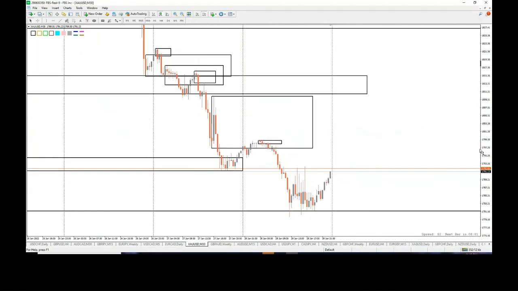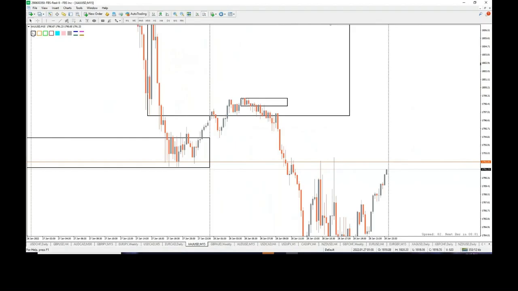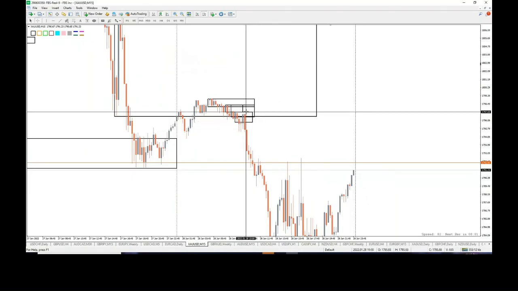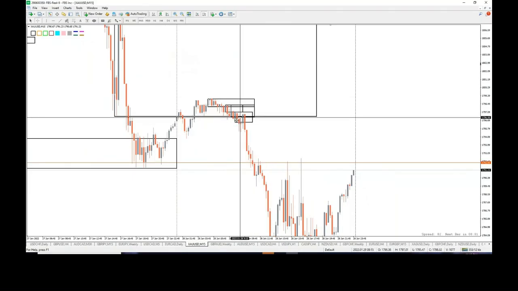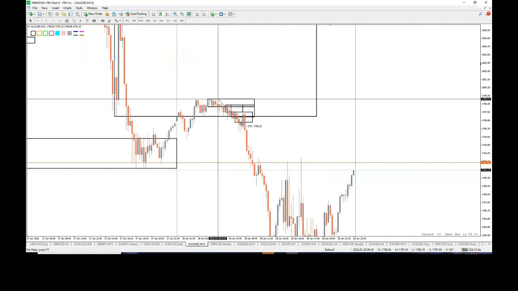We can go for M30 or M15 to have our confirmation re-entry. I'm not waking up at this time, so yeah. There's a lot of opportunity. If I'm waking up at this time, I will take these entries. You don't have to wait a long time for opportunities.